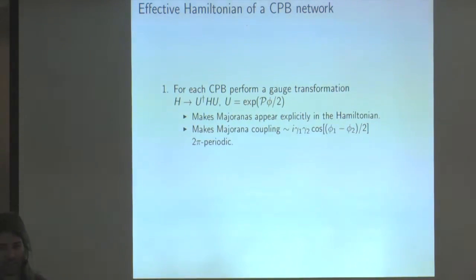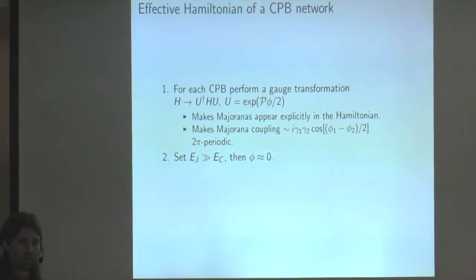So now I have written everything down, and I can solve the system. In particular, I would like to make several simplifications. First of all, if the charging energy is large, then the phase degree of freedom is completely spread out, so the phase of each island becomes not very definite, and it's not possible to control Majoranas in this limit.